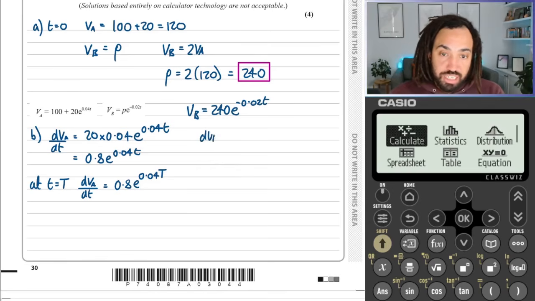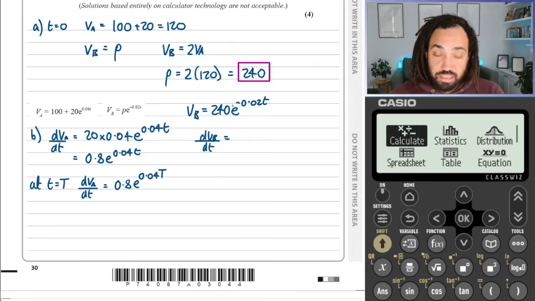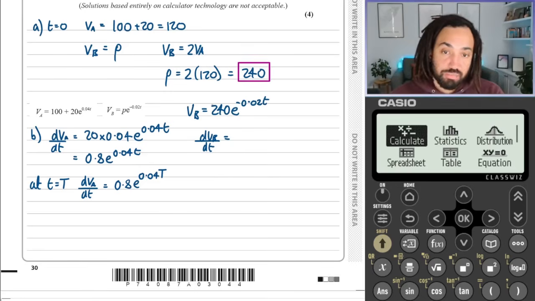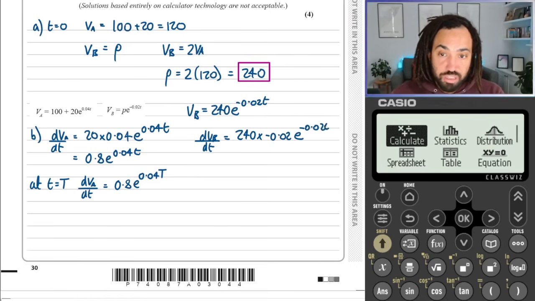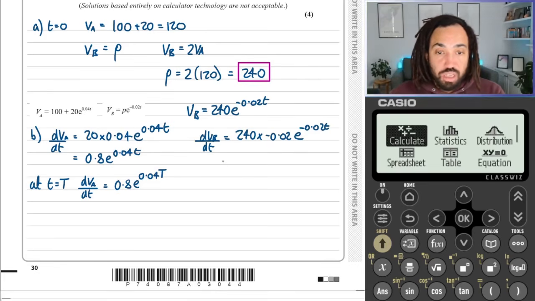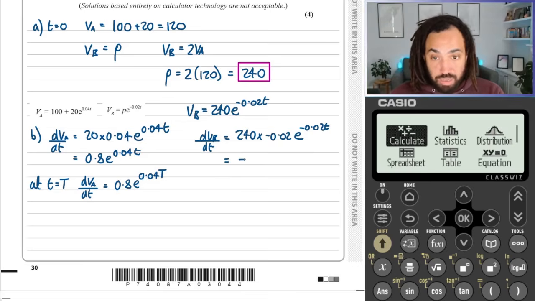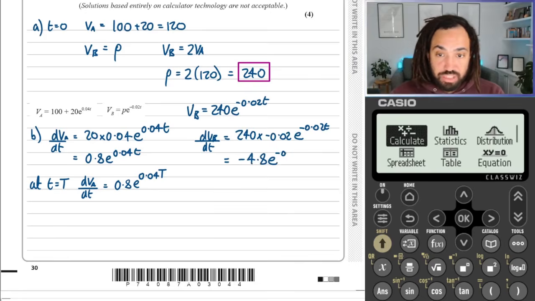Let's differentiate that, and again the k part of the exponential input here will come down and multiply, so it'll be 240 multiplied by minus 0.02 e to the minus 0.02 t, which we can tidy up to get minus 4.8 e to the minus 0.02 t.